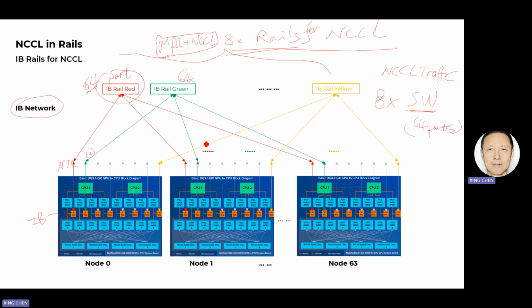So the system vendor has a choice to put this MPI traffic on the red one, or on the green one, or on the yellow one, but you just need to use 1. This is for the MPI traffic.